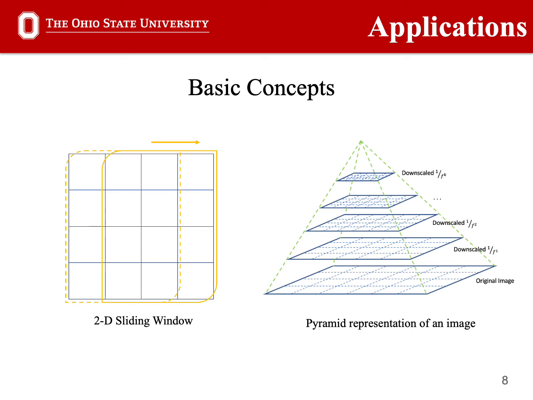Moreover, to detect targets of different scales in an image, the application will downsample this image by different levels. Such series of downsample images form a pyramid shape. The detection will be executed on each level of the pyramid.